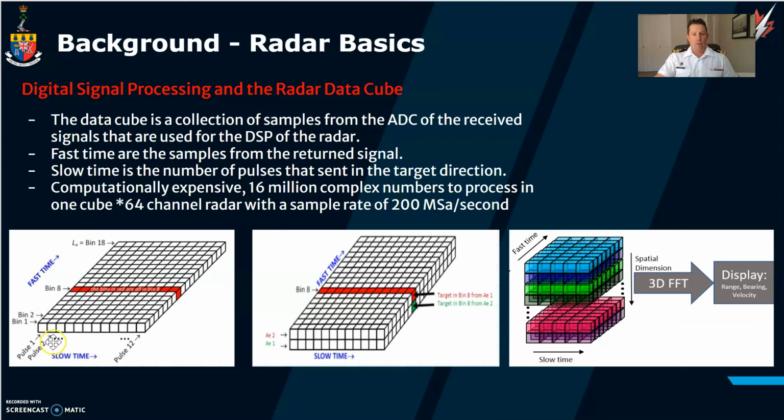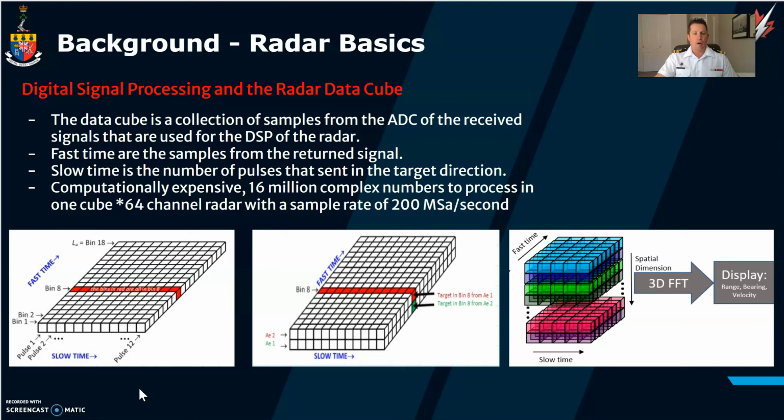The first portion we'll look at is the return of a single antenna. The first diagram on the left shows the samples going into the page, and that's what we call fast time. Each pulse returns one row going into the page, and then multiple pulses are collected.